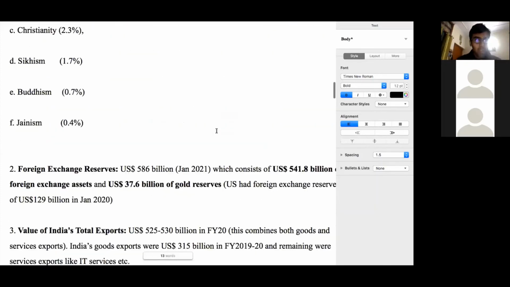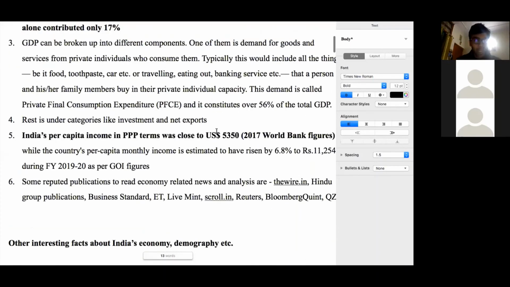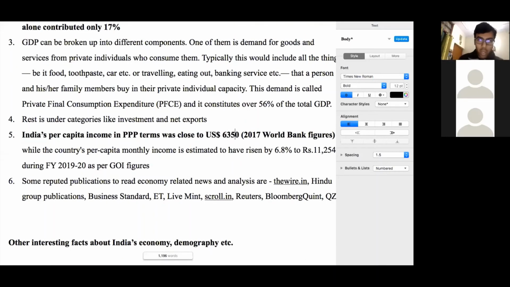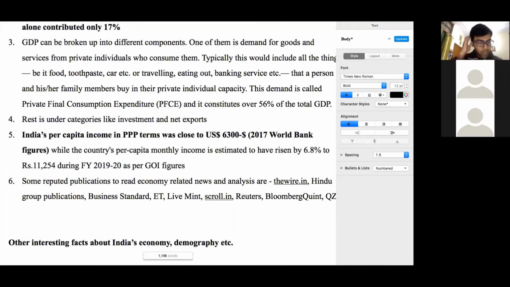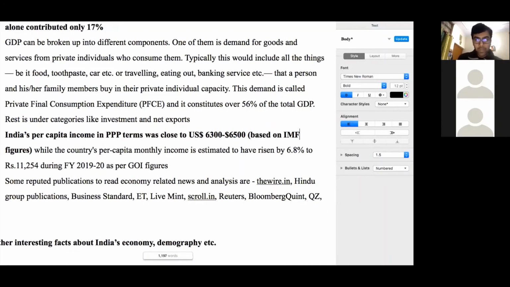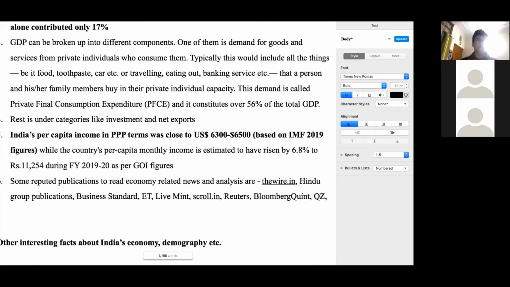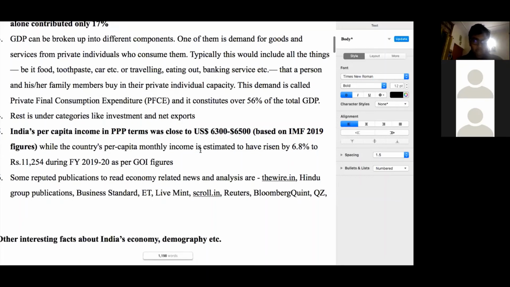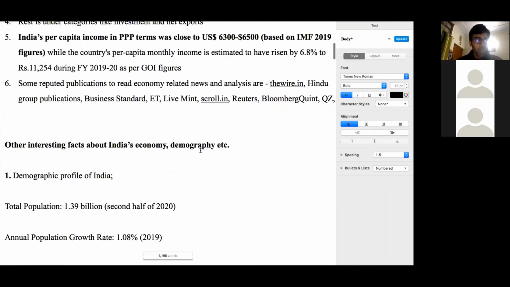So maybe we can change this figure and write here that this is somewhere around 6,300 to 6,500 dollars based on IMF 2019 figures. Okay, this is the final figure that we arrive at.